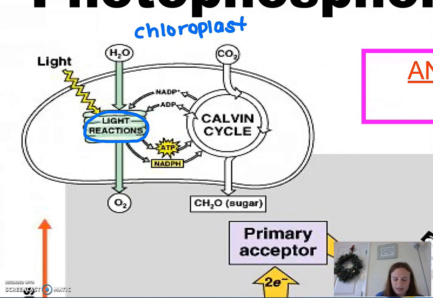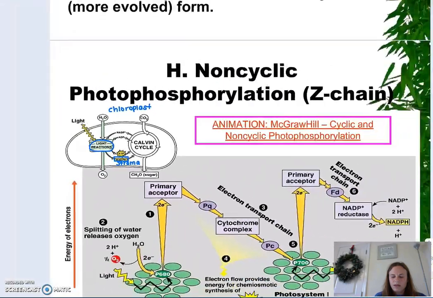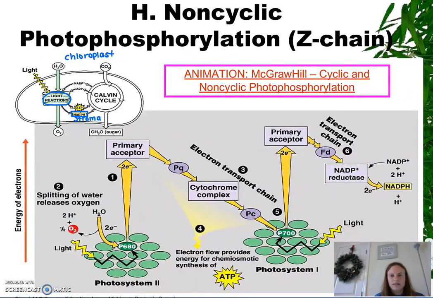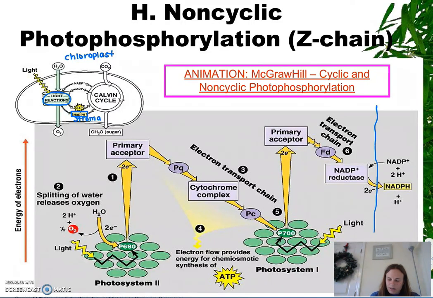One of the products that you're going to make from electrons becoming excited in photosystem 1 is going to be NADPH, and NADPH is going to be made in the stroma. So if we're looking at this image, we can draw a line here and say that this is the stroma.